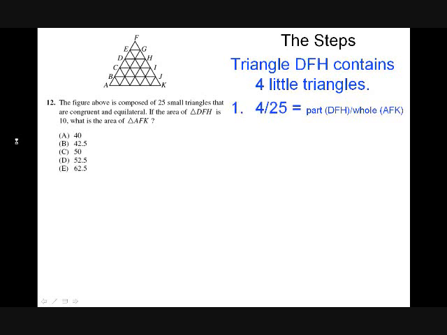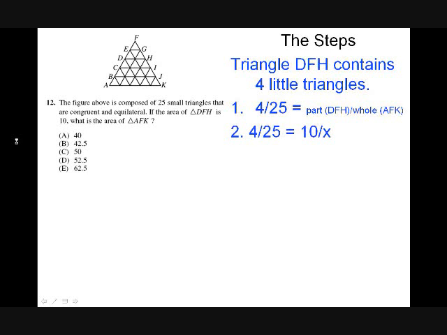So what we're going to do is create a ratio here. There are 4 small triangles in triangle DFH, but in triangle AFK, there are 25 small triangles. So we're simply setting up a ratio where we take the part and place it over the whole. We're going to do the same thing with the area, and we're going to set these ratios equal to each other so we can solve for the area of the larger triangle AFK.